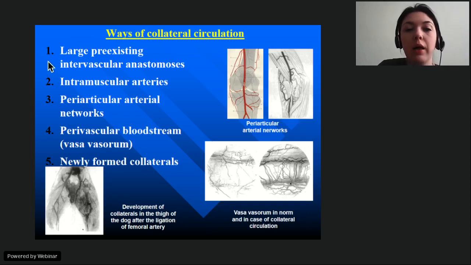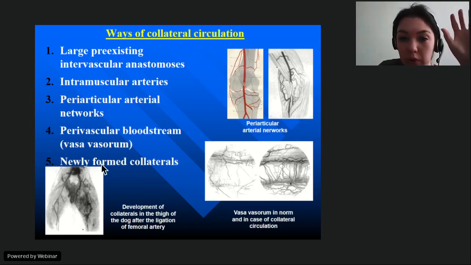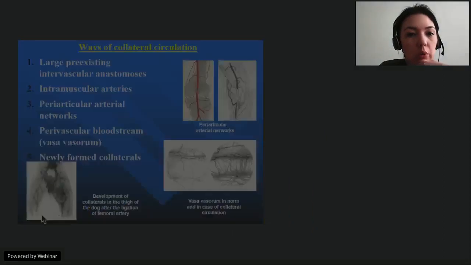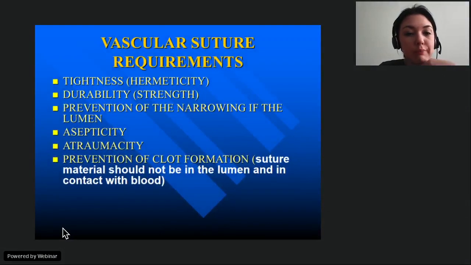But look, large pre-existing intravascular anastomoses can provide constant blood supply even in case of acute thrombosis or in case of a ligation. And newly formed collaterals take time to be formed. That's why they work only in case of slow occlusion, as we said also at our practical classes.